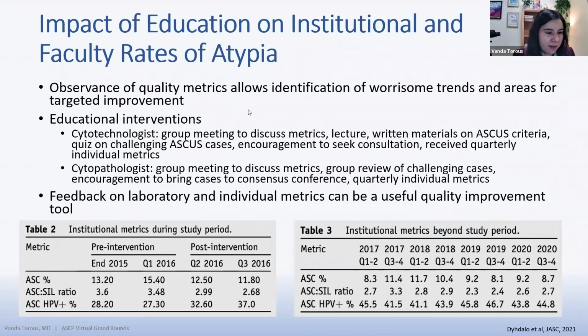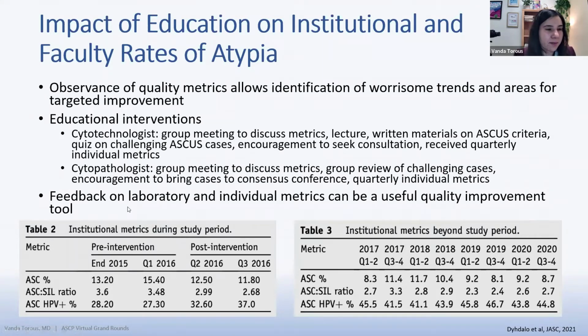So this was a relatively recent study out of Cleveland Clinic, showing that by looking at their rates, they were seeing some worrisome trends. Because they were able to see this, they employed educational interventions at the level of both the cytotechnologists and the cytopathologists.